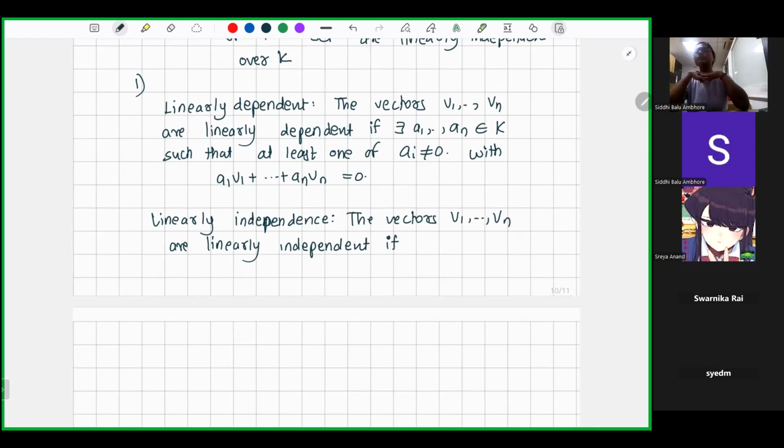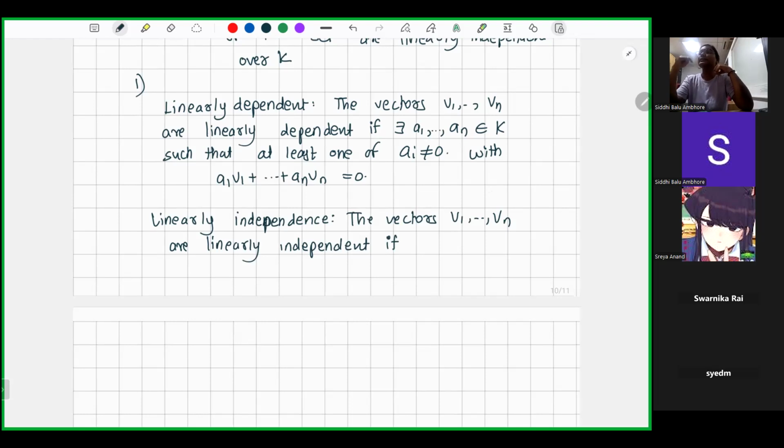Vi is equal to k vj, where i and j are not the same. I am trying to say that Vi is basically k times Vj, with a scalar multiplication k on all the elements of that vector Vj. So that Vi and Vj are dependent. They are not independent.